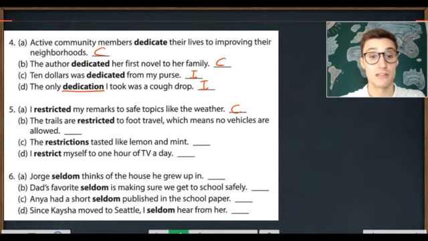So you can only walk on the trails. Can something be restricted to only walking? Yes, correct. No cars, no bikes, no horses, just people walking, pedestrians. C. The restrictions tasted like lemon and mint.